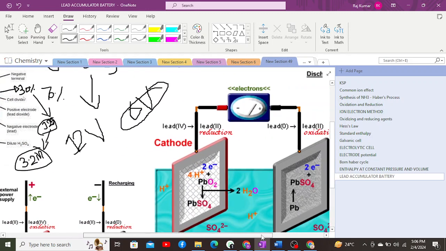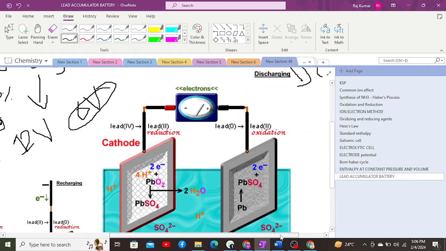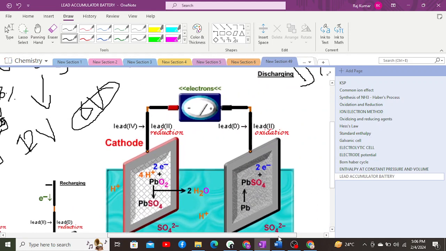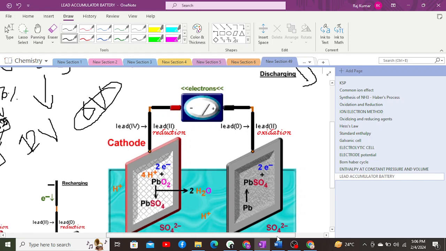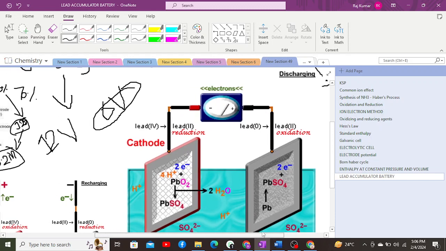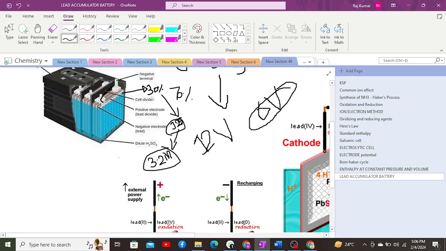So as you can see, oxidation occurs at lead and reduction occurs at lead oxide. You can also easily identify it in the diagram.